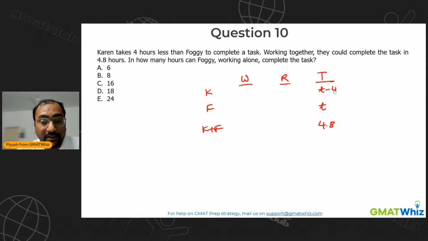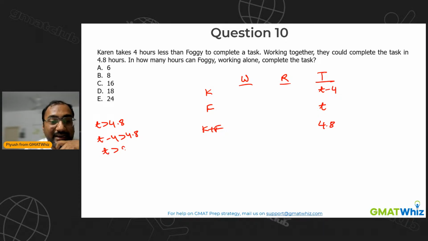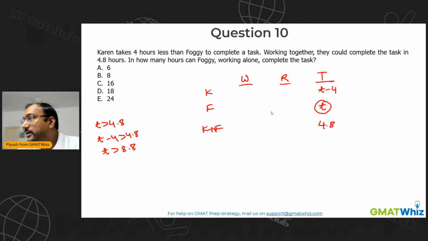Is that clear? So I can say for sure that T is greater than 4.8 and even T minus 4 is greater than 4.8. That means T is definitely greater than 8.8. And the question is asking me for T, so the answer is in the form of T over here. Sorry, just a second.